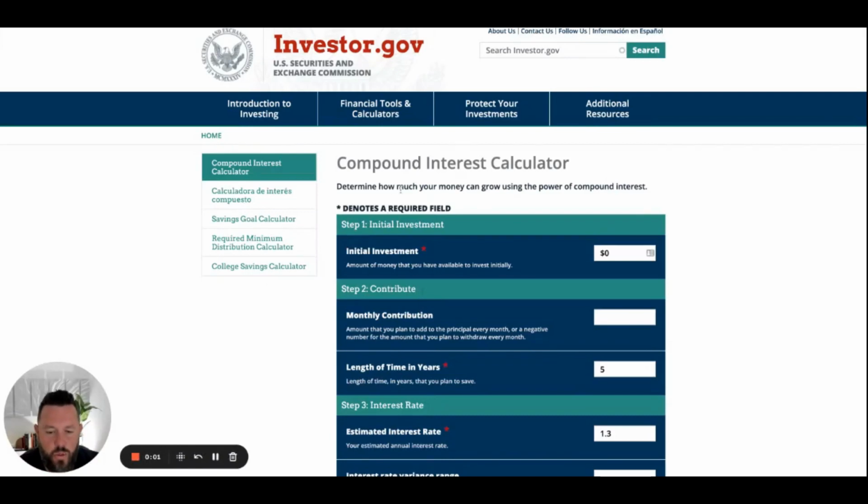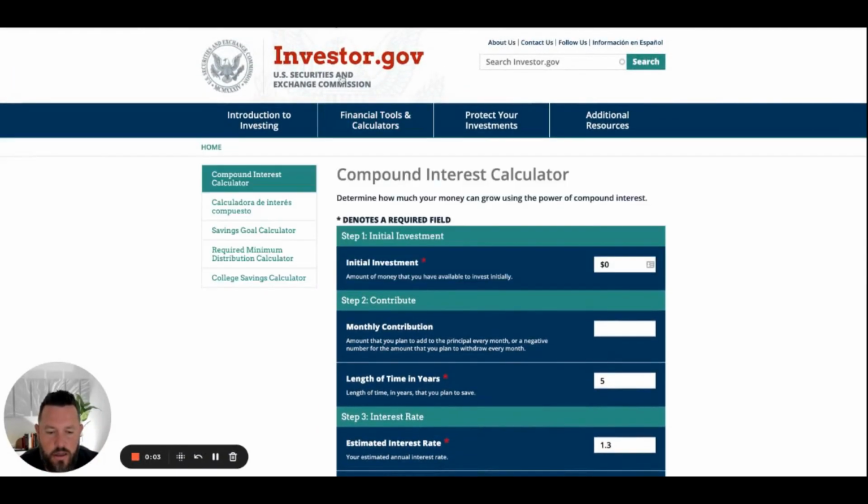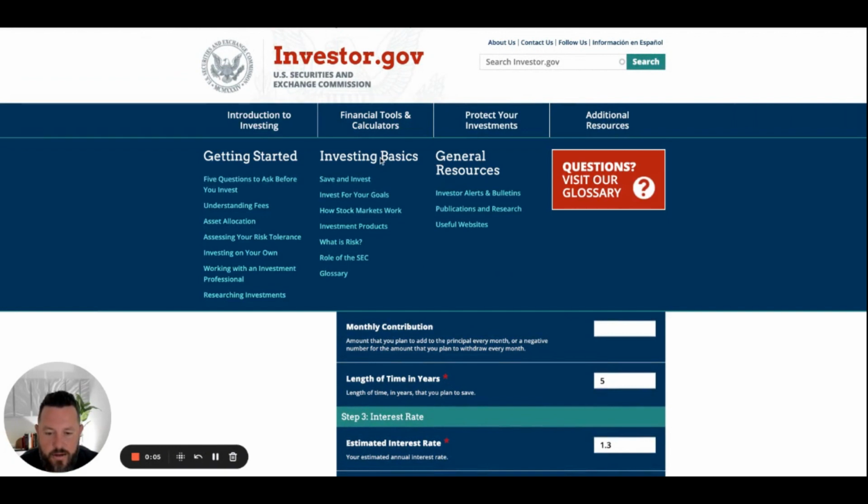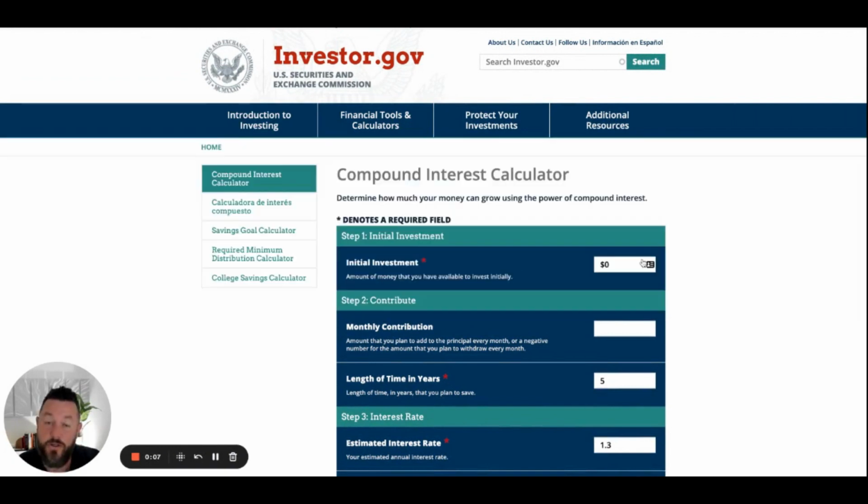Okay, so we're on Investor.gov. It's a free resource by the U.S. Securities and Exchange Commission, the SEC. In here, you can put in different amounts, compound interest, and it'll show you how much you'll have. Now, this is really cool. It's specifically made for people who are looking to invest.